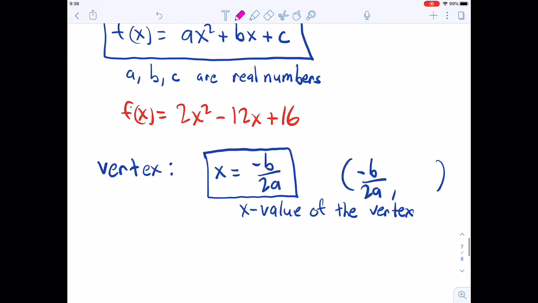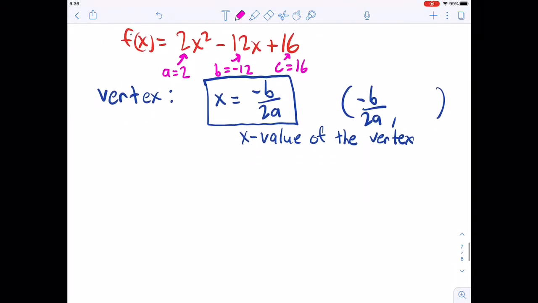If you match it up, this is our a, the number for the x squared, so a equals 2. This is our b, equals negative 12, and our c equals 16. So we look at our function, identify what a, b, and c are, and then put them into x equals negative b over 2a to find the x value of the vertex.